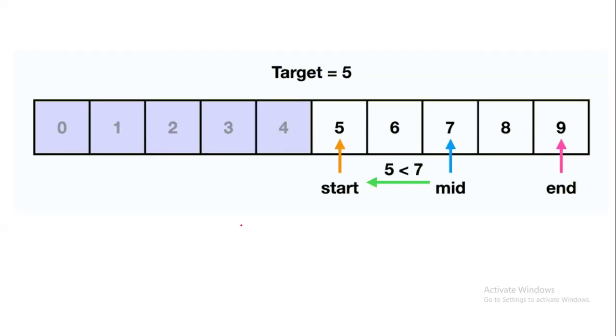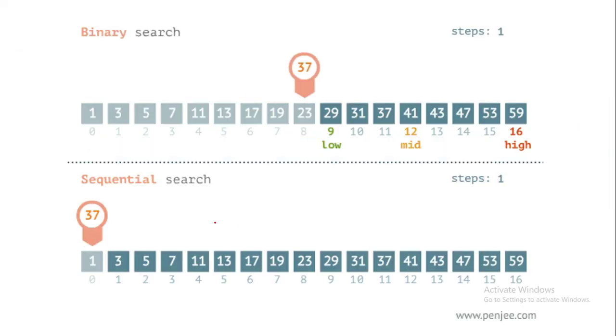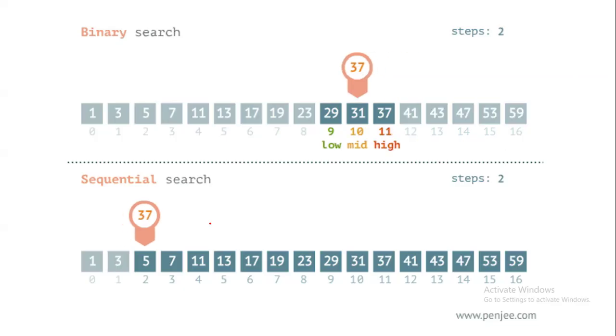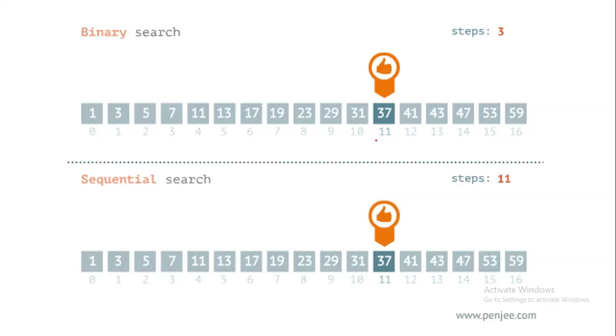So from the animation it is clear to all of you how the binary search works. Now this slide shows us the comparison between the binary search and the linear search. In case of binary search, we will get the element to be searched in very fewer steps.